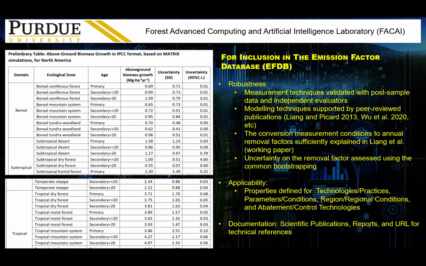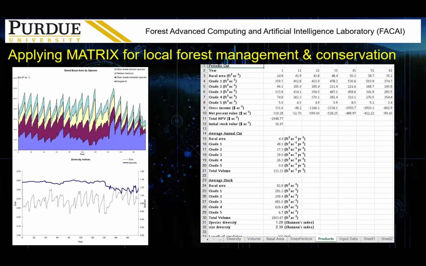So what we are trying to do next is that we are going to update the IPCC Tier 1 table using the results we have, and we'll have something similar, but something that is more accurate to the current forest inventory data. And on the other hand, for the matrix model, we want to make this model not only useful for large-scale estimates of forest carbon dynamics, but also useful for local forest management and conservation.